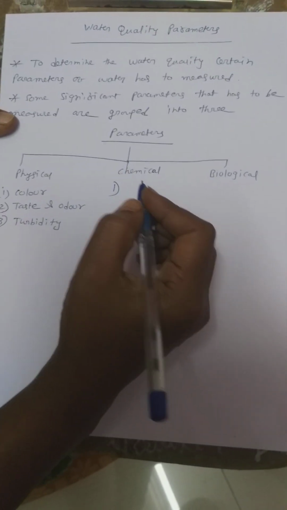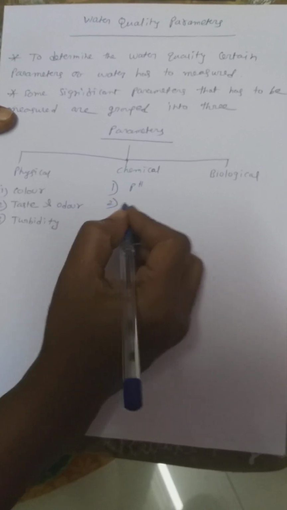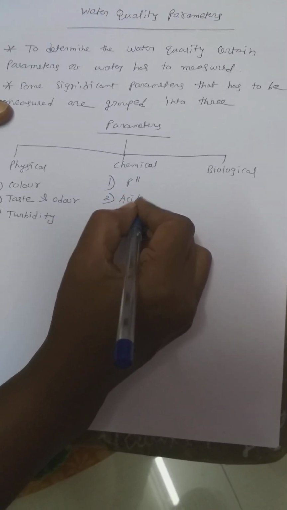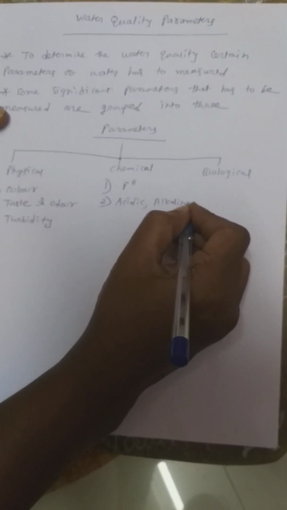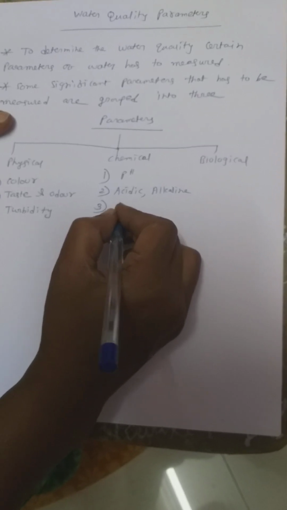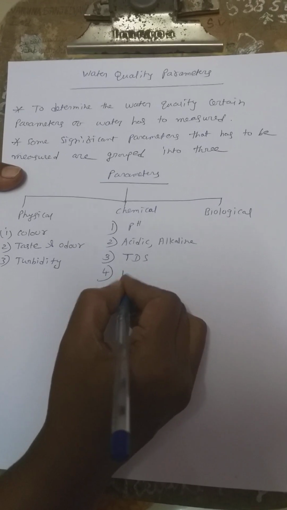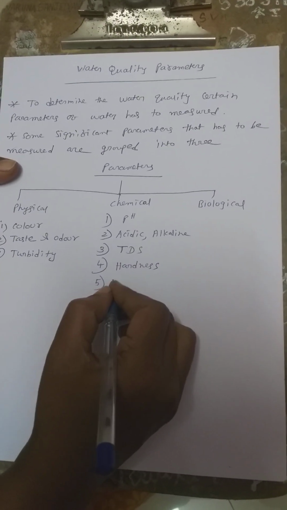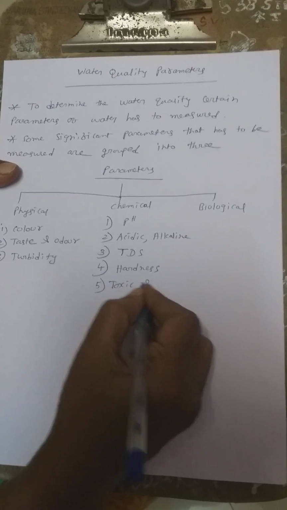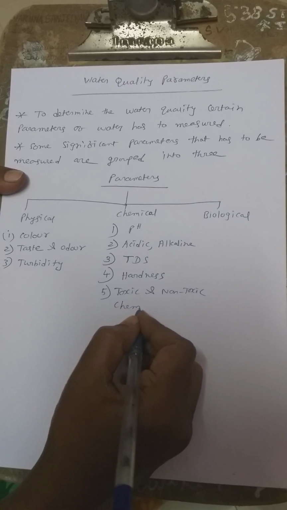Under chemical parameters, it is pH, acidic or alkaline nature of water, it is TDS, hardness, presence of toxic and non toxic chemicals.